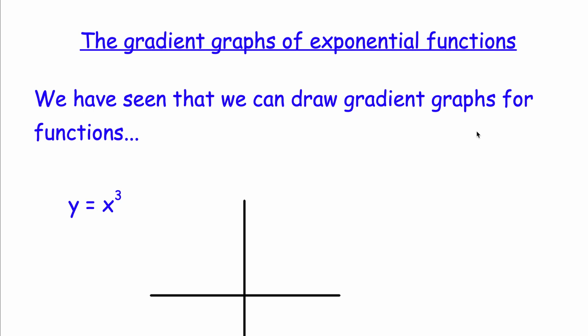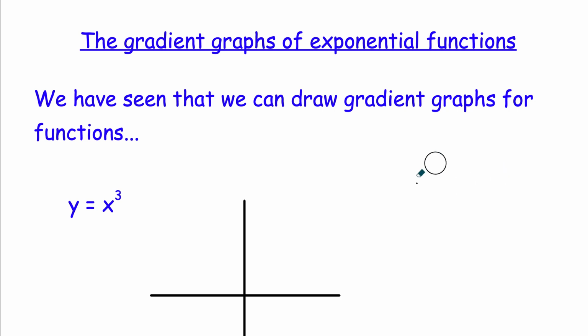We know what the graphs of exponential functions look like now, and we're going to talk about the gradient graphs. So far, all we've ever learned to draw and differentiate are polynomials. A polynomial is where we have an x to the power of some number. So x cubed is a polynomial, x to the power of 7 plus 3x squared take away 4x to the minus 2 is a polynomial, but x is the base.